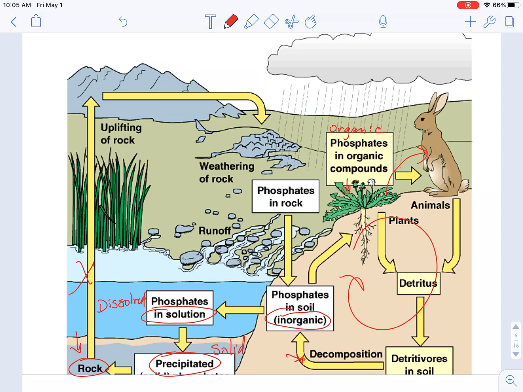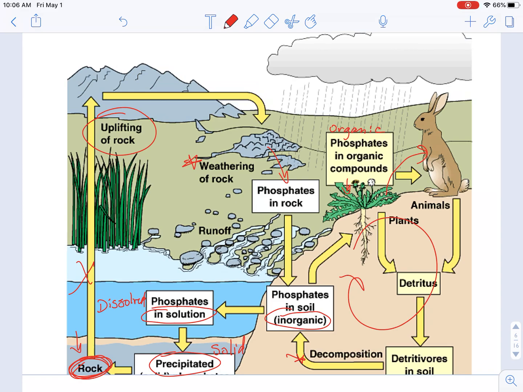The only way to get this rock and the phosphate that's in it back into the faster part of the cycle is uplift. Going back to our tectonic unit, that could be through various tectonic processes like a convergent plate boundary. Once that rock is up at the surface, then it can be weathered and eroded, and then put back into the fast part of the cycle.